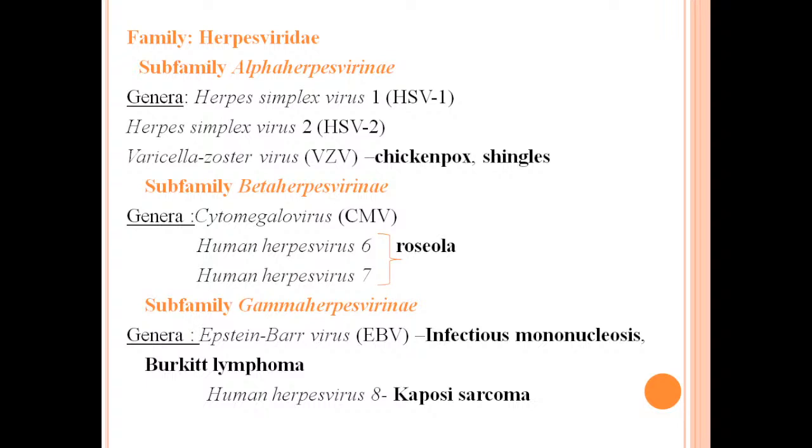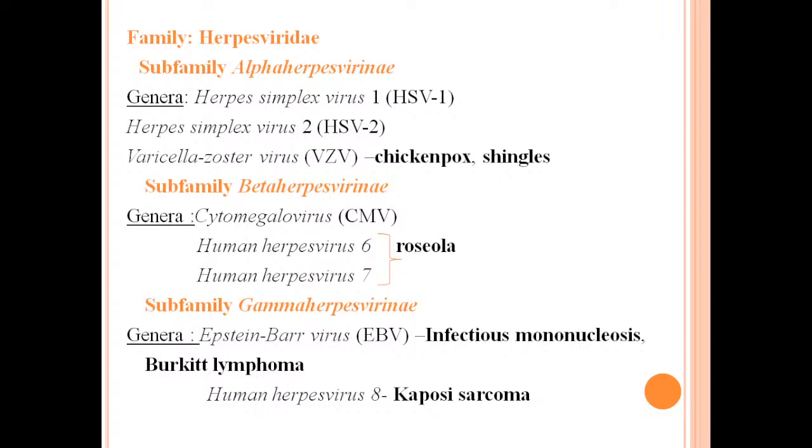The second subfamily is Betaherpesvirinae, and it includes such genera as cytomegalovirus or CMV, then human herpes virus type 6 and human herpes virus type 7. Both human herpes virus type 6 and type 7 cause such disease as roseola.